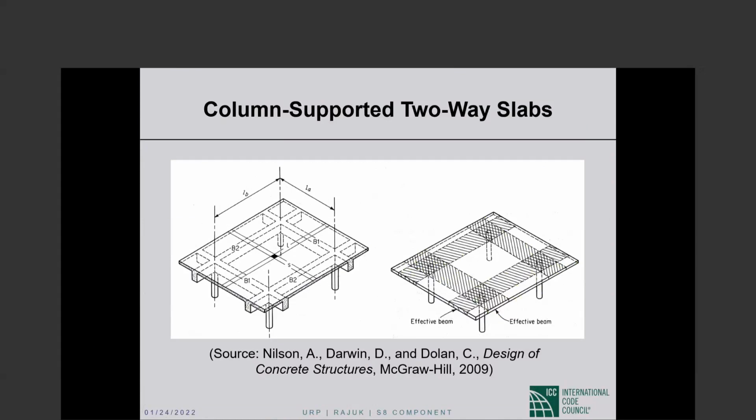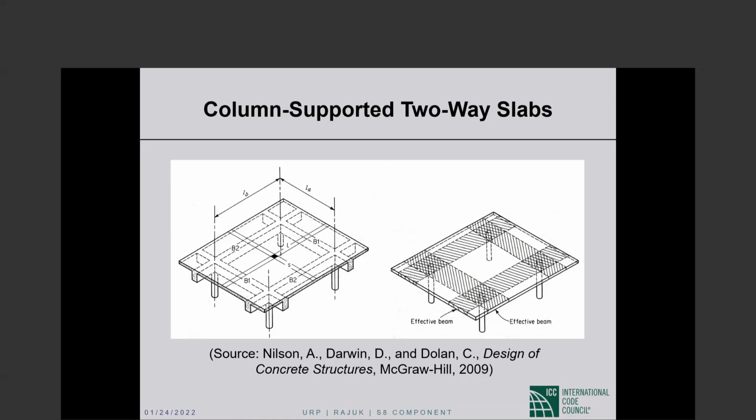Now, if you imagine strips of slab running in the left to right direction, let us say they transfer 40% of the slab load, and those column strips transfer the other 40%.